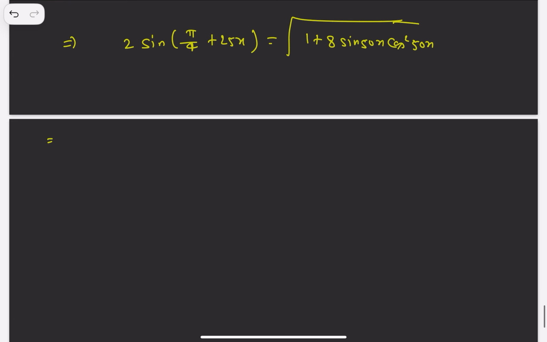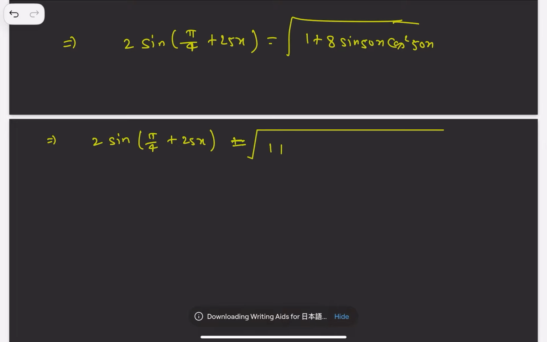So I am going to simplify inside the root itself. 2 sin of pi by 4 plus 25x equals root over 1 plus 8. 8 can be written as 4 into 2 sin 50x, and cos square can be written as cos 50x into cos 50x.